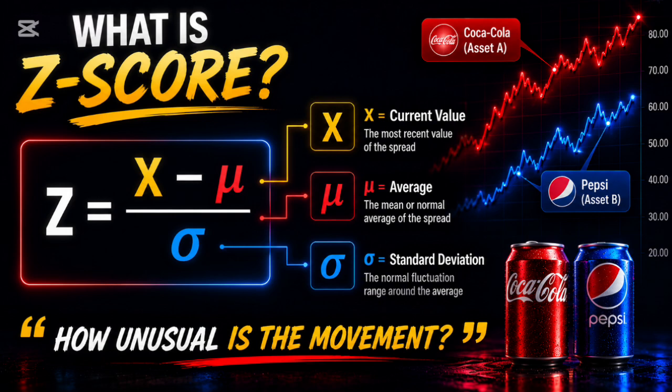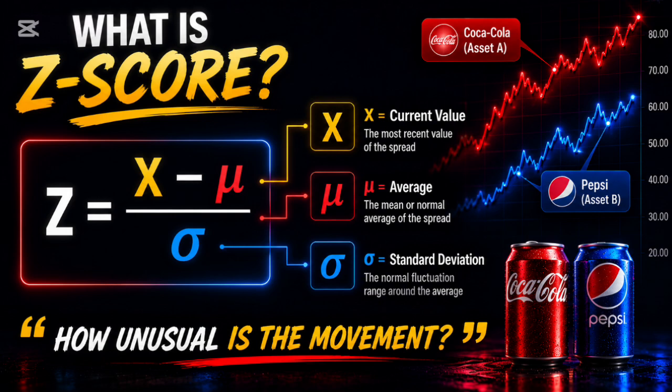Z-score is asking this question: how unusual is the current movement compared to the normal behavior? I'll say it again. The reason why we must calculate Z-score is that it asks how unusual the current movement is compared to the normal behavior.